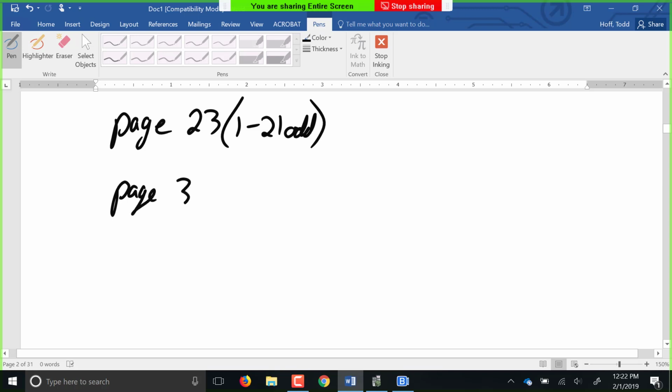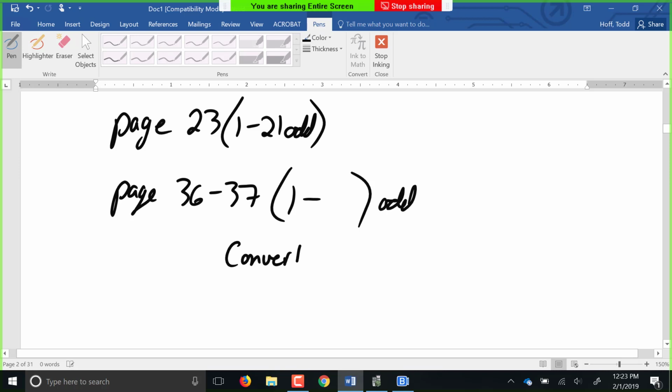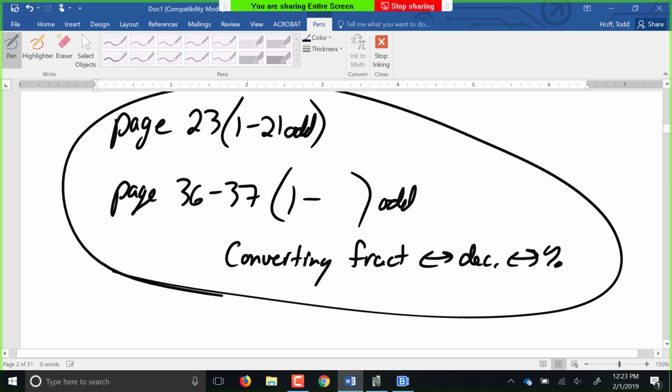Page 36 through 37, 1 through, I don't have the numbers in front of me. Do odds and just do the converting fractions to decimals to percents on that page. That's all that's going to be on test 1.